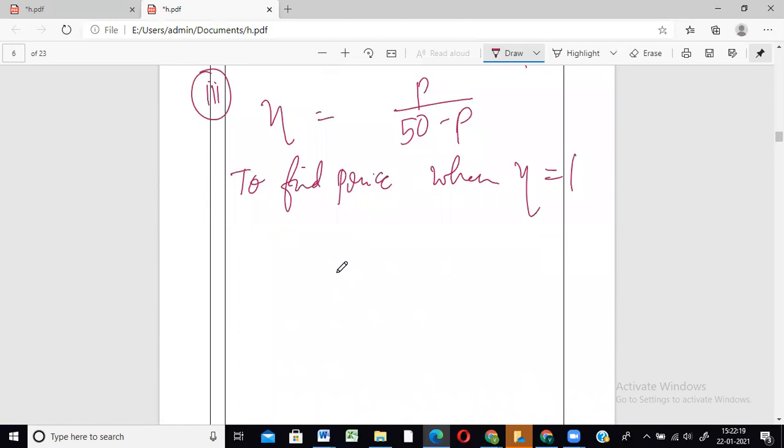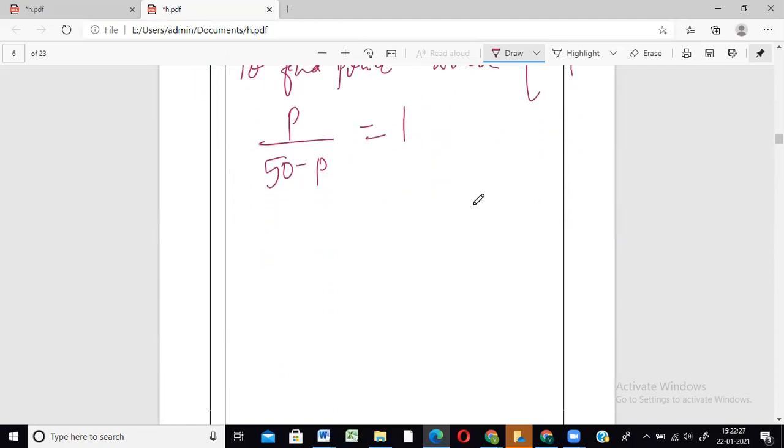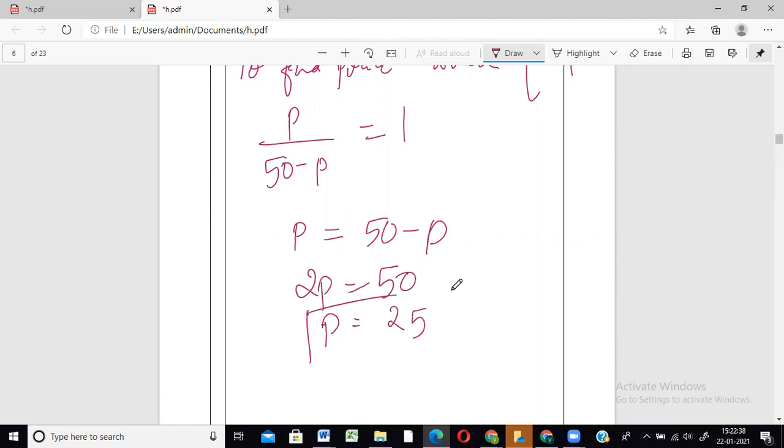So I'll just substitute this over here. So P by 50 minus P is the elasticity of demand, and wherever it appears, we will substitute 1. So that will be P equal to 50 minus P. Taking all like terms at one place, P will be equal to 50 by 2, that's equal to 25.